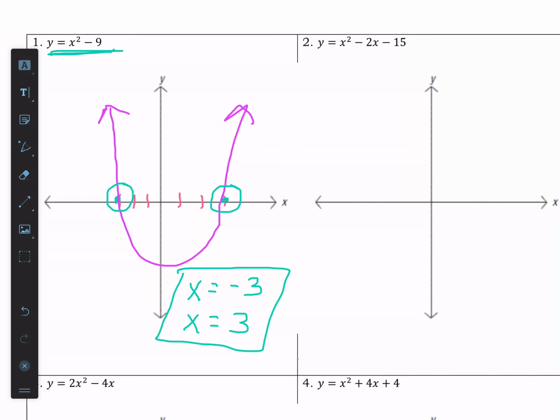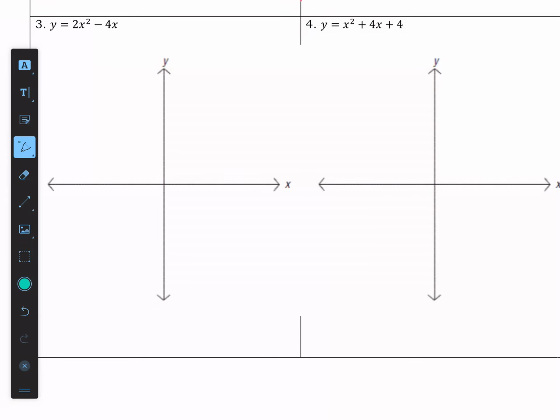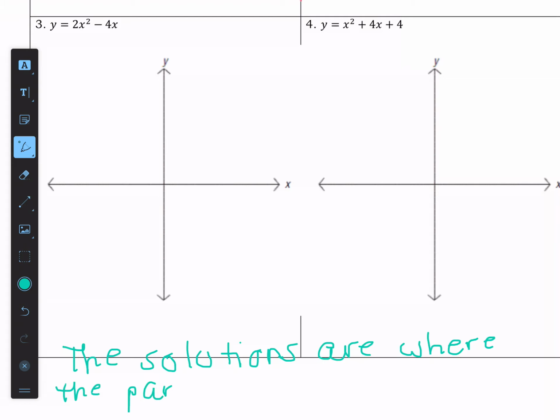Okay? So on the bottom of this page on the answer key, I wrote this down, but I'm going to bring it up again: the solutions are where the parabola hits the x-axis.